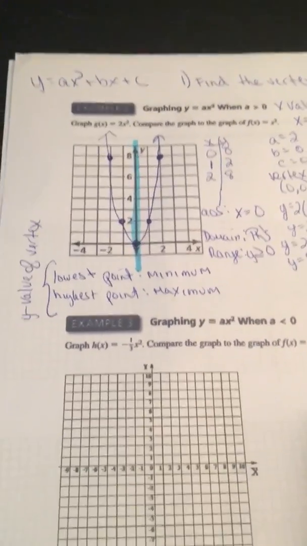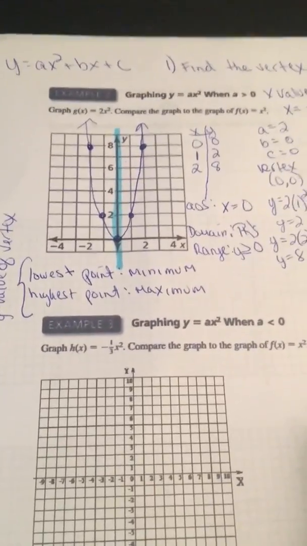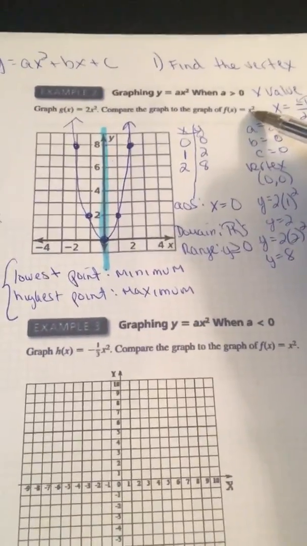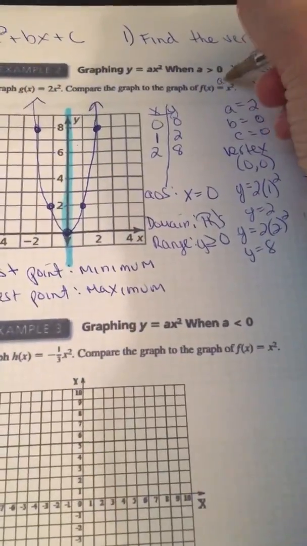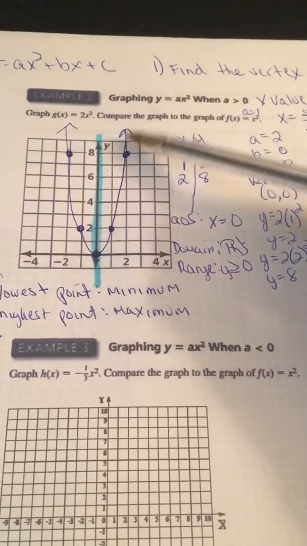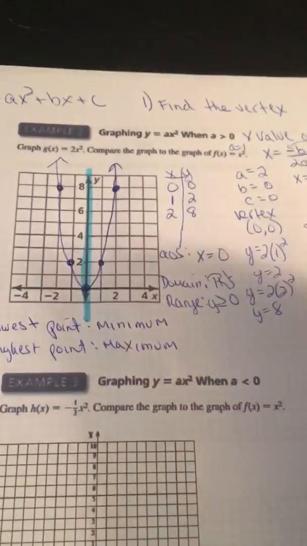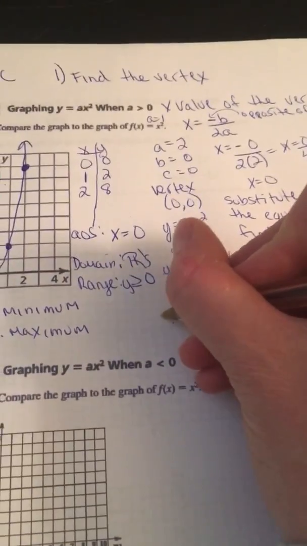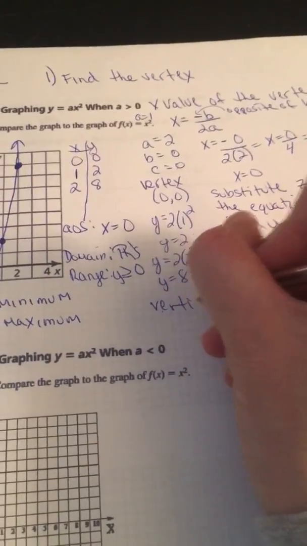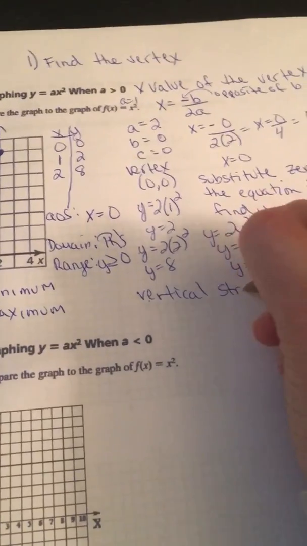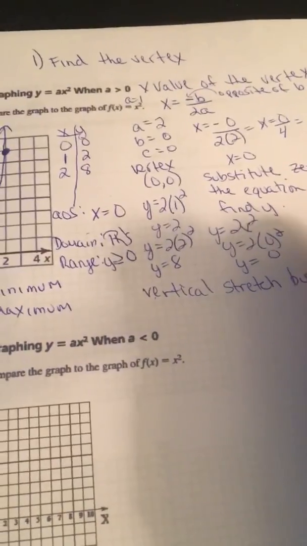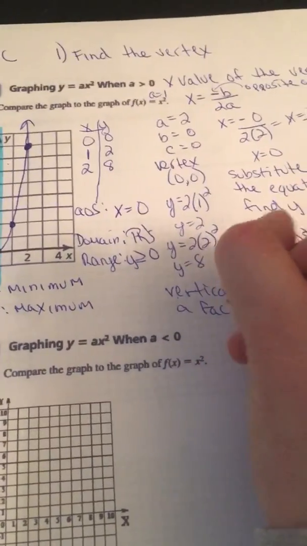In the last video, you learned how to compare by looking at the a value. The a value for your parent function is 1. And the a value in g of x equals 2x squared is 2. So when we're comparing, we would say that our graph is a vertical stretch by a factor of 2.